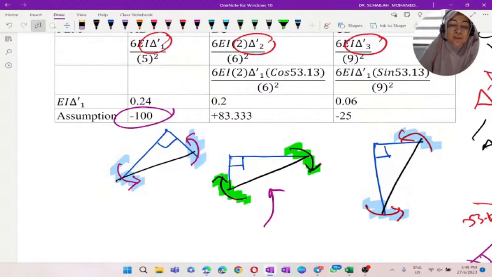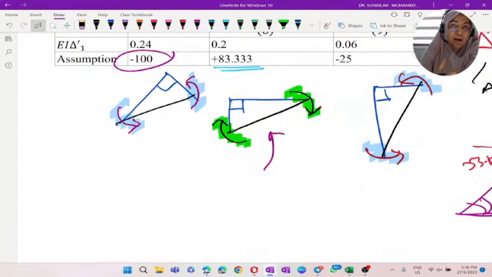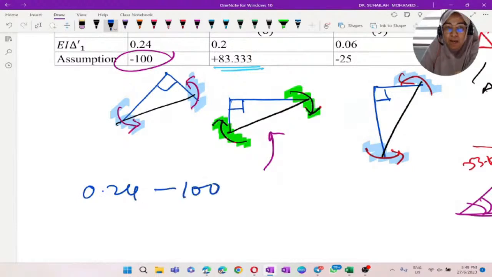Okay, so how we get 83.33. Actually, we will do a simple interpolation like this. We have 0.24, which is equivalent to 100.